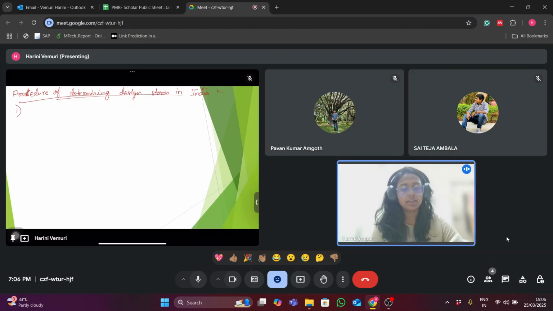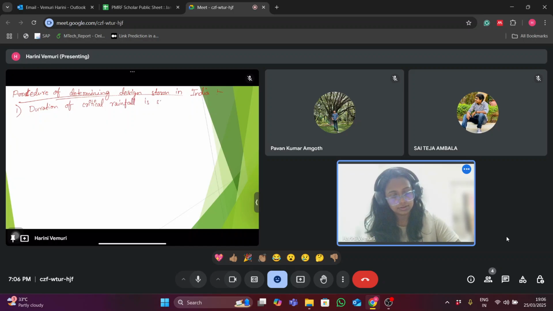So first, we will decide the duration of critical rainfall. It will be equal to the basin lag if the flood peak is of interest. If the flood volume is of our interest, then the longest storm in the basin will be considered.